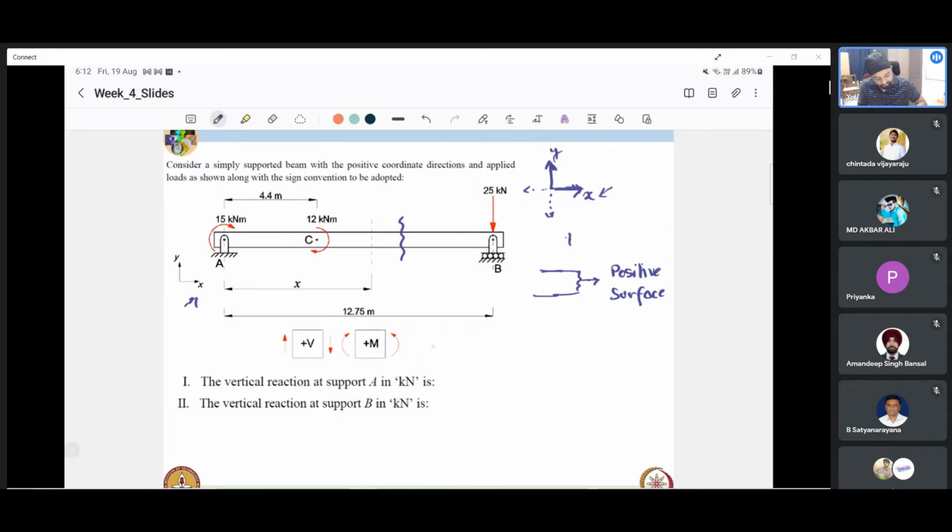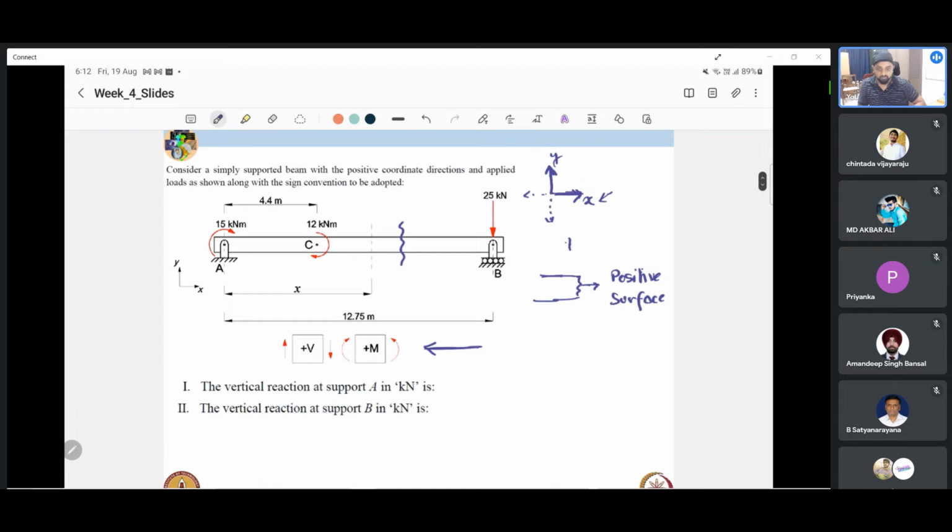As for this sign convention, it is invariably to be read in conjunction with our coordinate system that is given. What we are trying to say here is, according to our coordinate system, this is the positive surface.